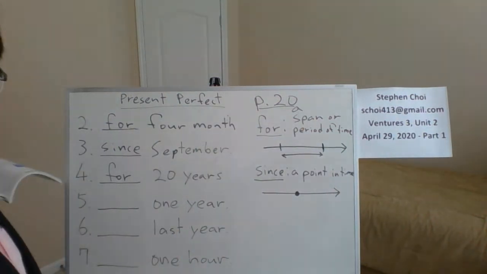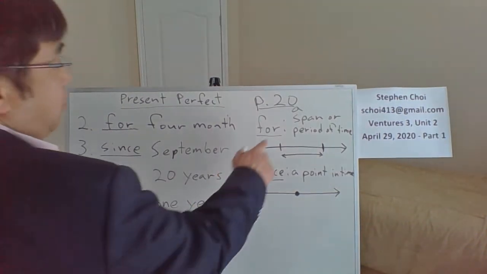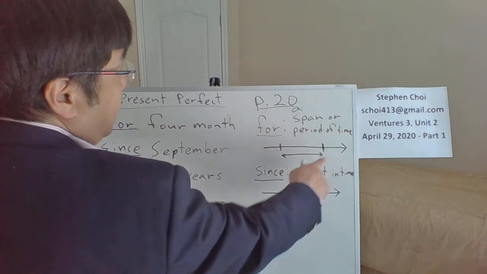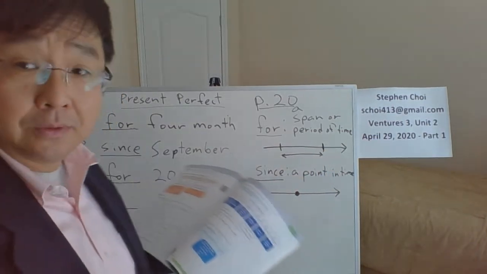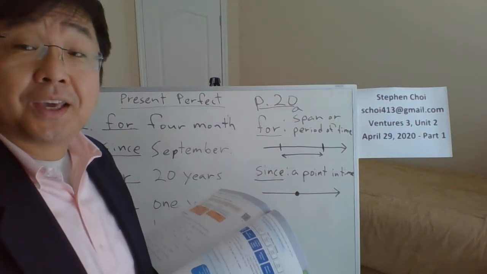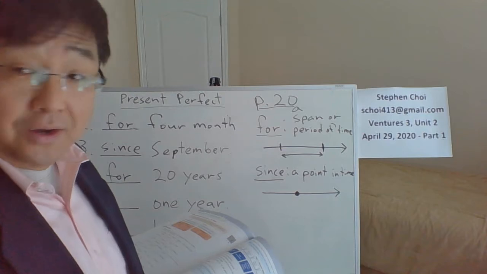The answer is 1 year. So is 1 year a span of time or a point in time? Again, just like September, it can be confusing.